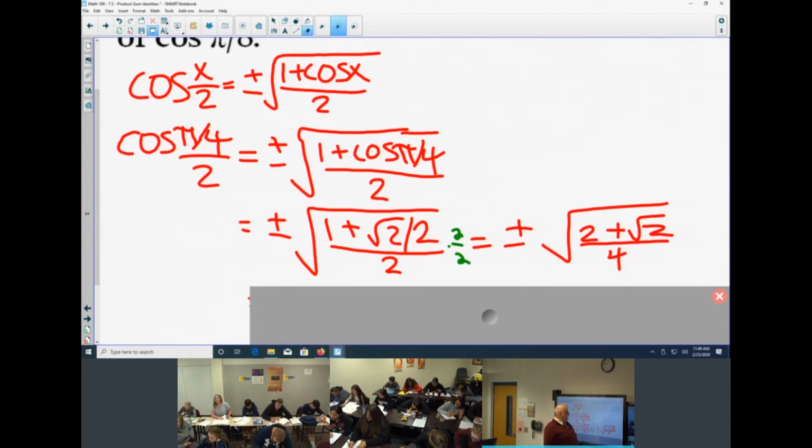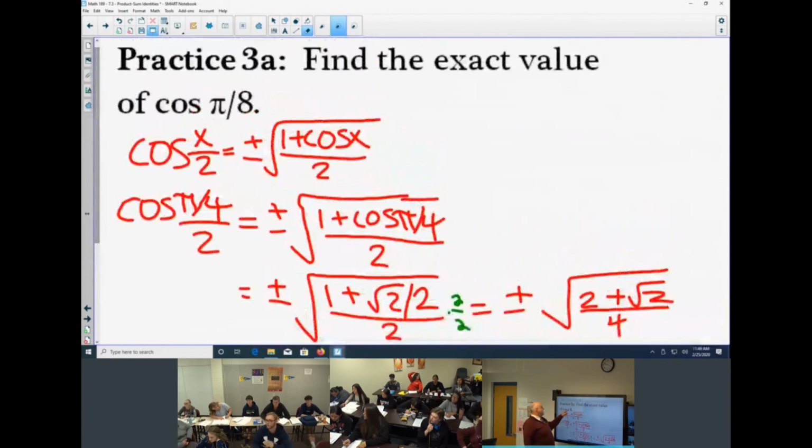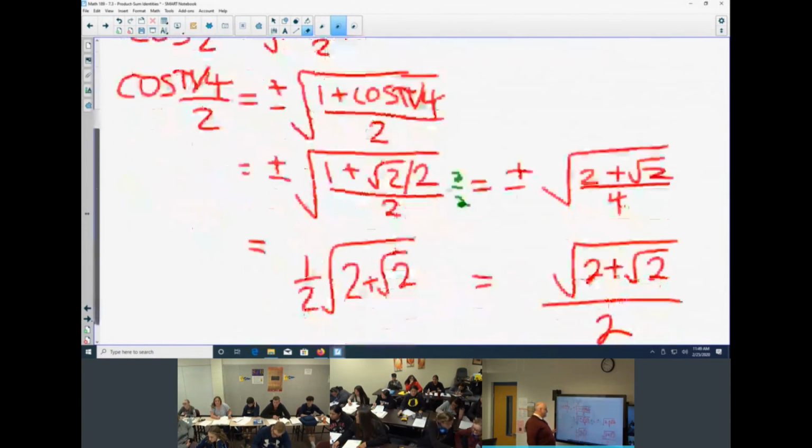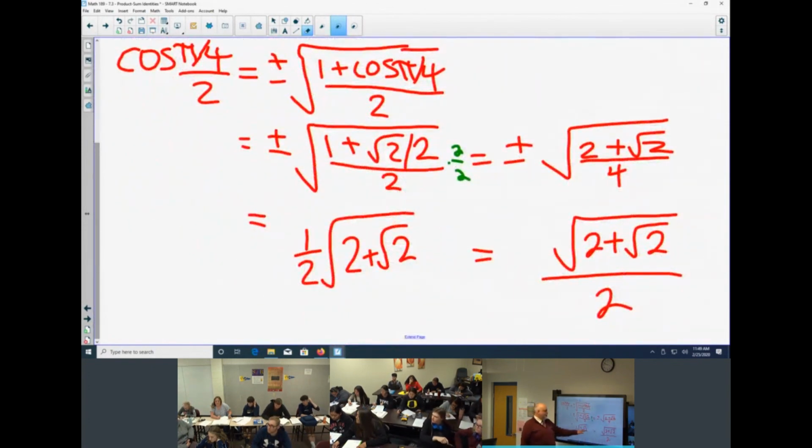And now the 4 is going to come out because the square root of 4 is just going to be 2. And now, is the final answer going to be positive or negative? Positive. Because pi/8 is in quadrant 1, cosine is positive there. So my final answer is, you could write it either of these ways here.